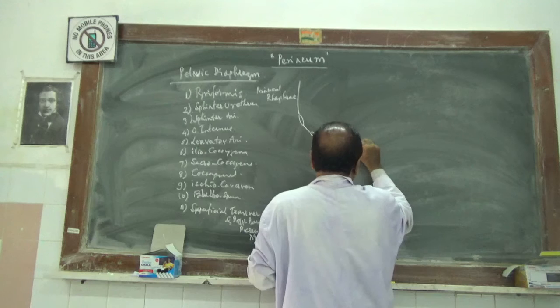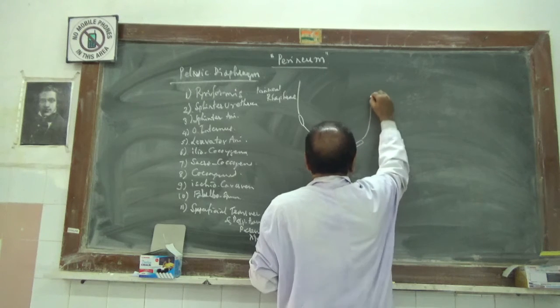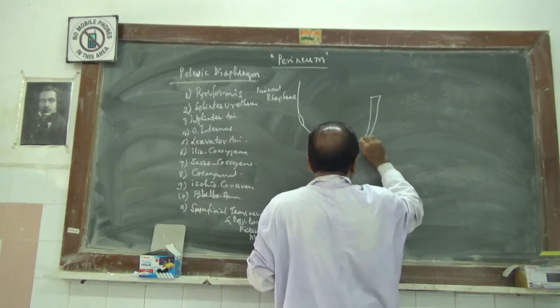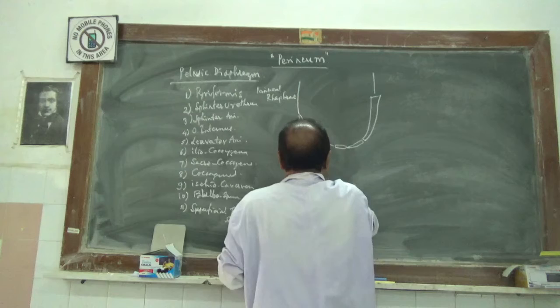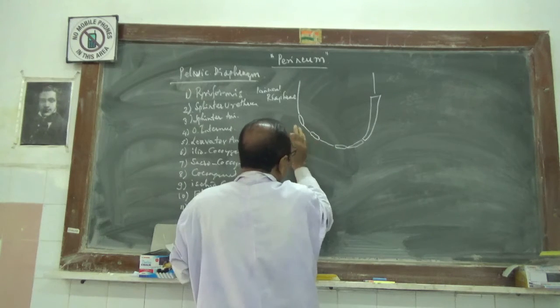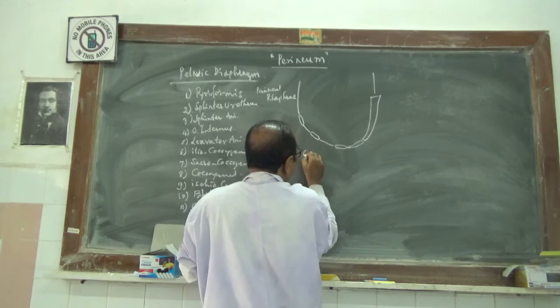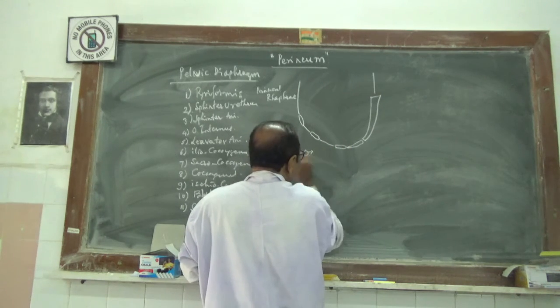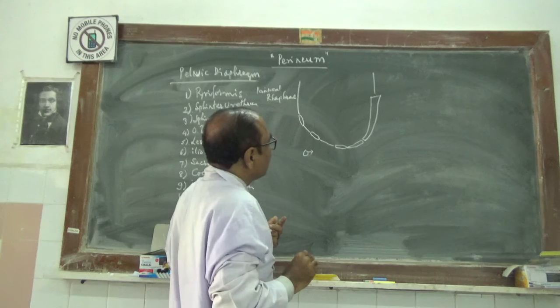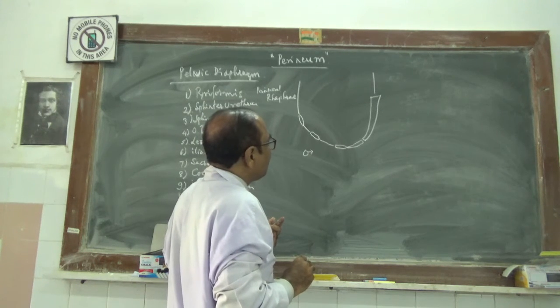This is the tip of the coccyx. This is the sacrum. So this is a sagittal section showing the perineum in the case of the male.